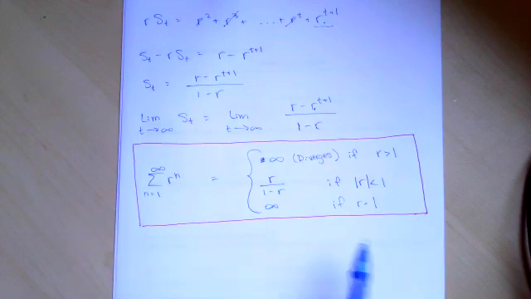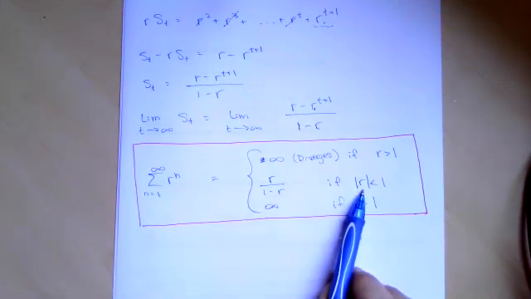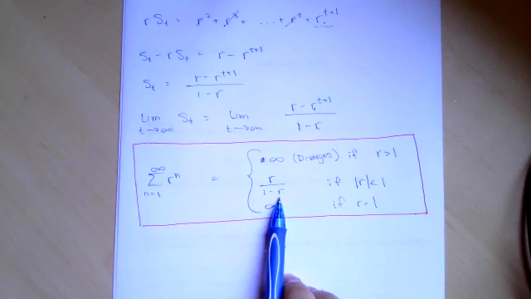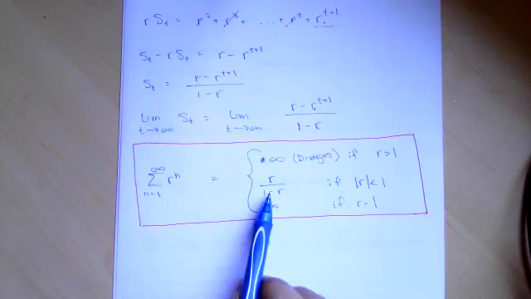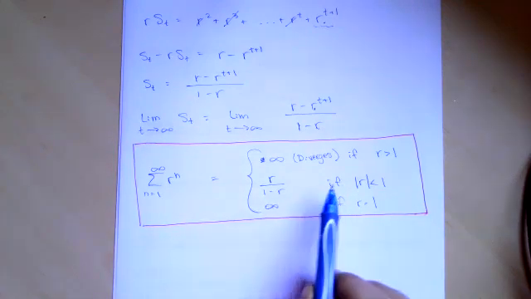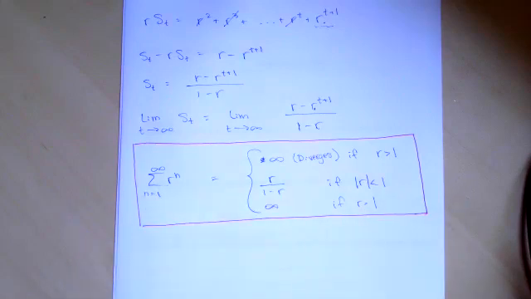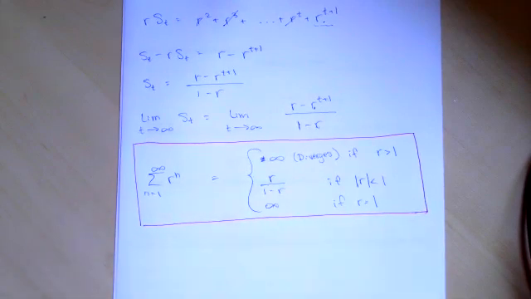So just take it as my word that this still holds for negative values, as long as our consecutive ratio that we are multiplying by is less than 1 in absolute value. It could alternate with a plus minus 1 if r was negative as well. Okay, so let's see an example. Let's see, where was the example I had?